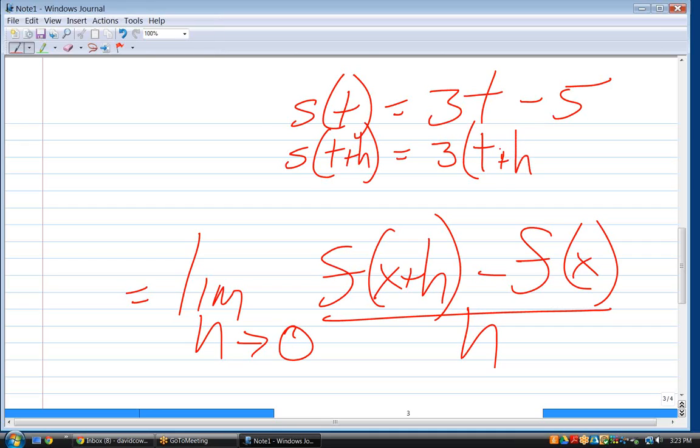No, we're going to put in t plus h instead of t. Okay, yeah. And then minus 5. And what is s of t? In other words, this is f of x, and this is f of x plus h.